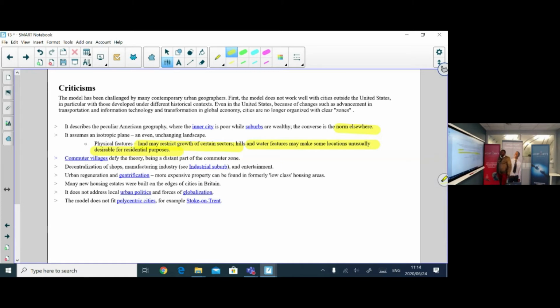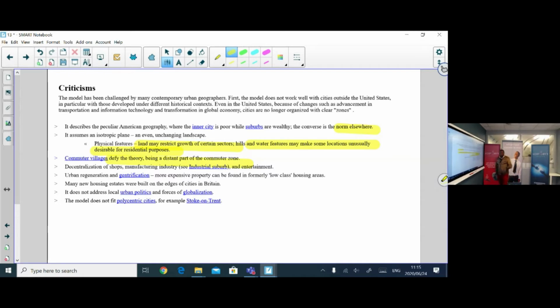Commuter villages defy the theory, being a distant part of the commuter zone. Other factors are decentralization of shops, manufacturing industry, and entertainment, urban regeneration and gentrification. More expensive property can be found in formerly low-class housing areas.